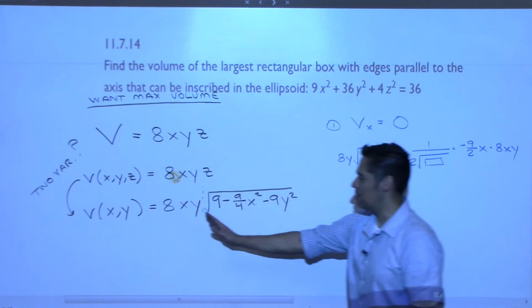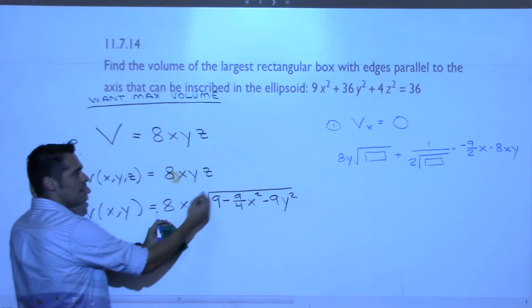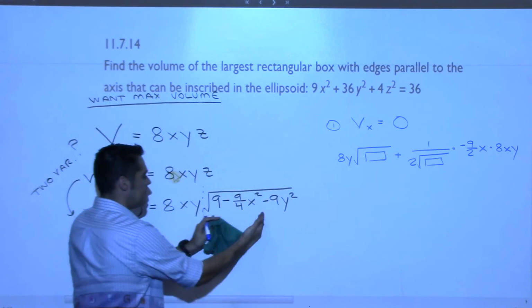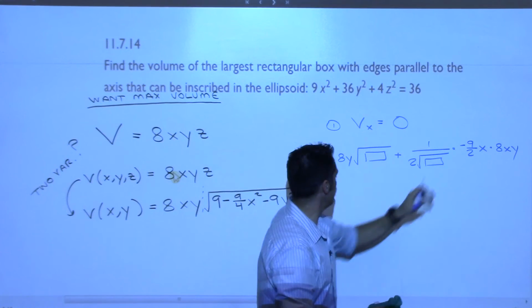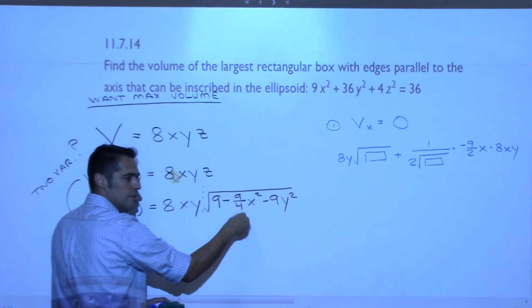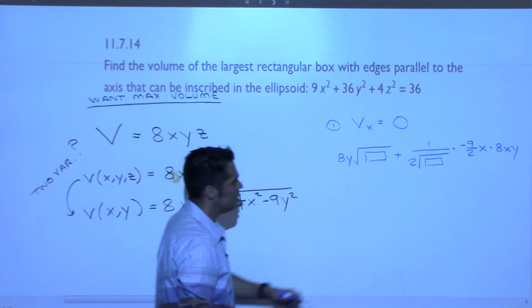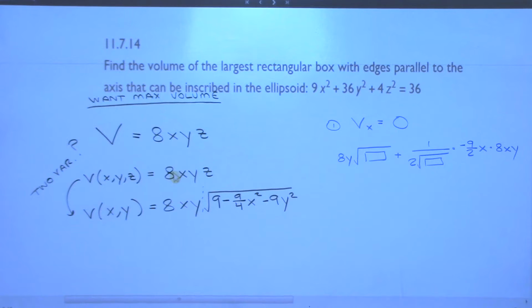Okay, remember this, right? So derivative of this with respect to x was 8y times the root. That's this. Derivative of the root of something is 1 over 2 times the root of that something, times derivative of what's inside. Derivative of this, 0, that, bring the 2 down, reduces the fraction to negative 9 halves x, and then finish off product rule 8xy in front. I need to set that equal to 0, folks.